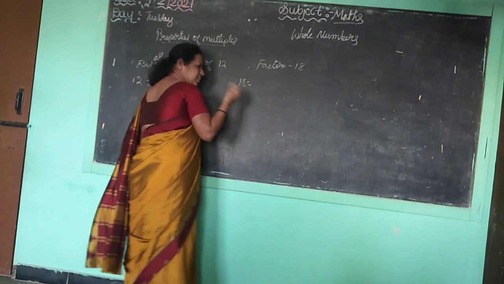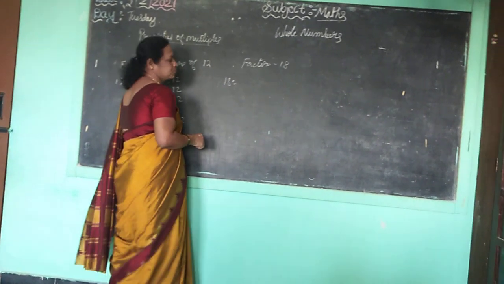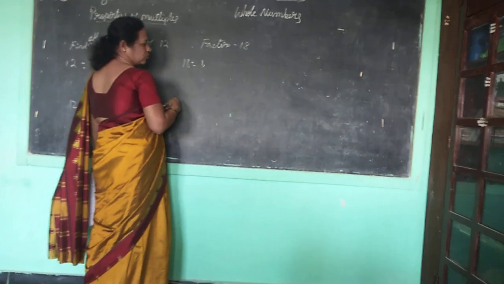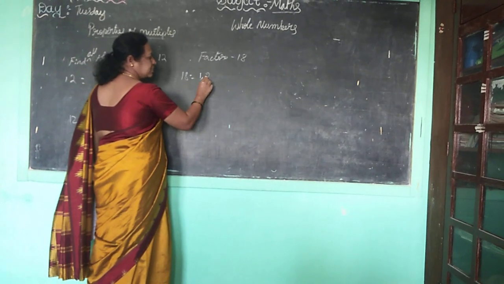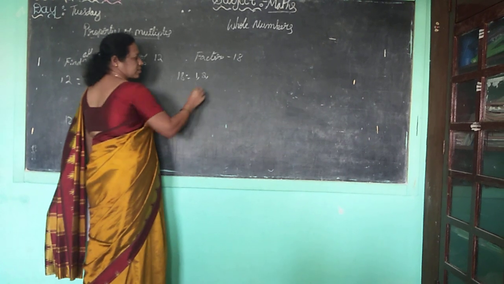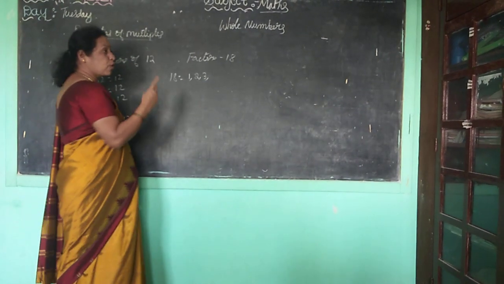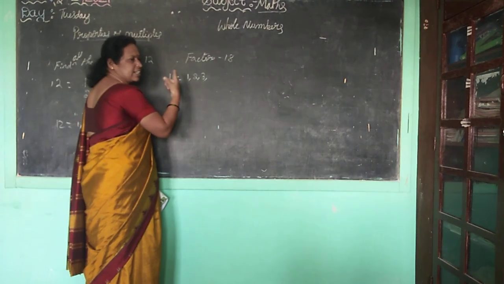So what are the tables that 18 will go in? 1 eighteen is 18. Okay. 2 nines are 18. 3 sixes are 18. 4 fours are 16, but we want 18, it is not possible.